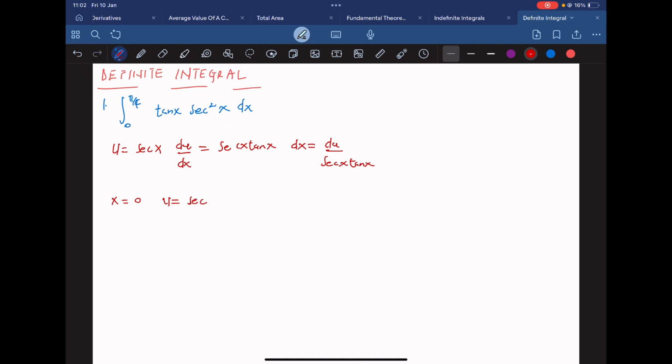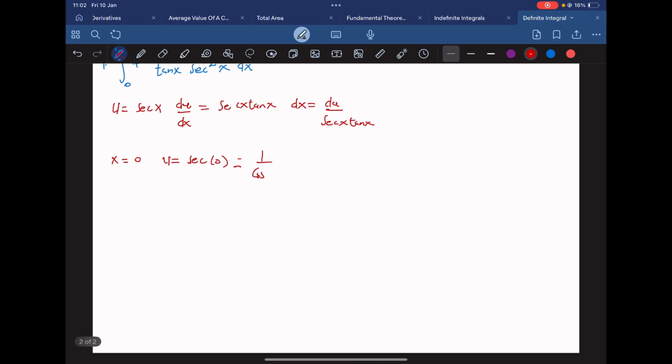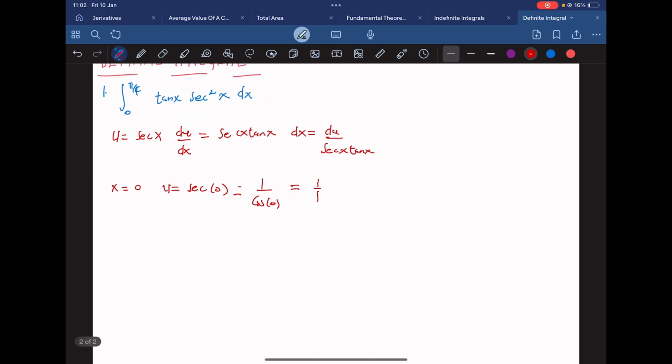So if x is equal to 0, we have to find secant of 0. And secant, remember, is 1 out of cosine. So we have 1 out of cos 0, and this is 1 out of 1. Okay, now when x is equal to pi over 4, we have our u equal to sec of pi out of 4, and that is 1 over cosine of pi out of 4.